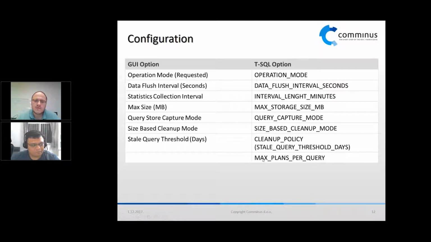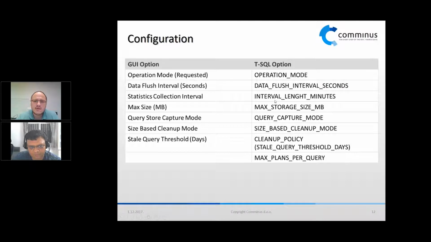The default value for that is 200, so that means that there can be 200 plans captured per query, which is more than enough for a standard database load. The first one is operation mode, which can be on, off, or read only. I will come back to that in a second to explain the read only mode.